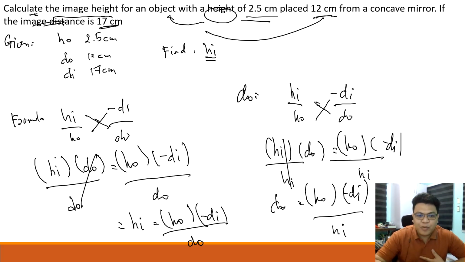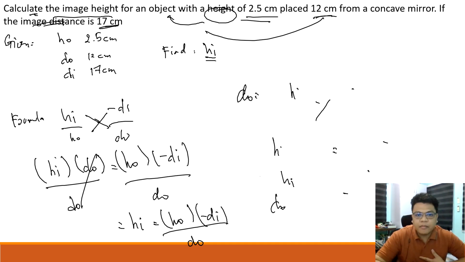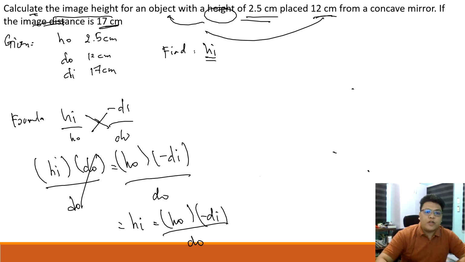So let's now compute for our problem. So again, our formula for this problem is HI is equal to HO multiplied by negative DI over DO.